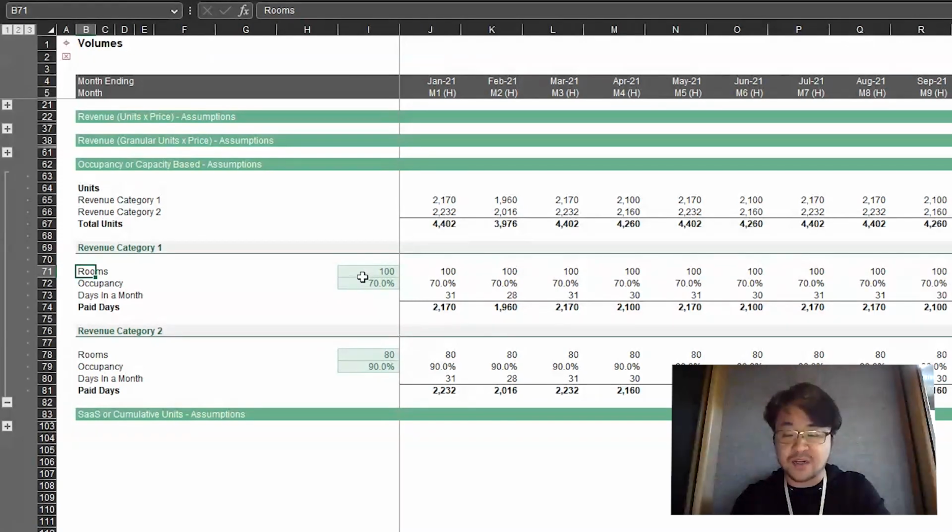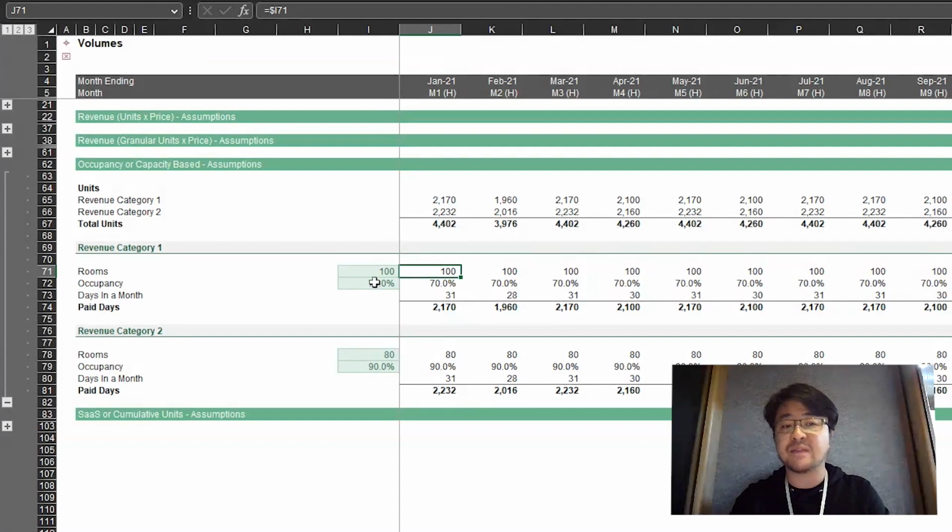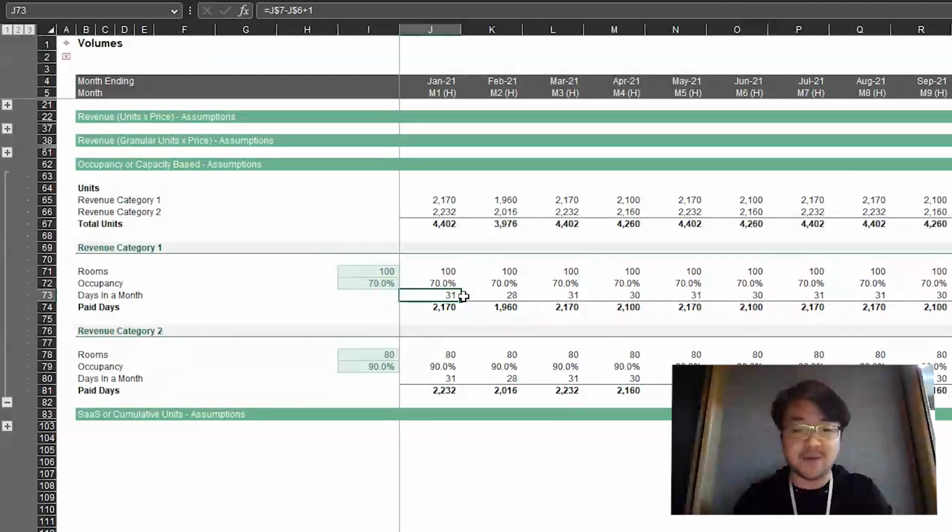It could be an aged care facility, it could be a general practice. But of those 100 rooms, 70% of the time they're occupied. And then in the month, we can work out the days in the month. So here we're assuming that the whole hotel or whatever site we have can be utilized every day.